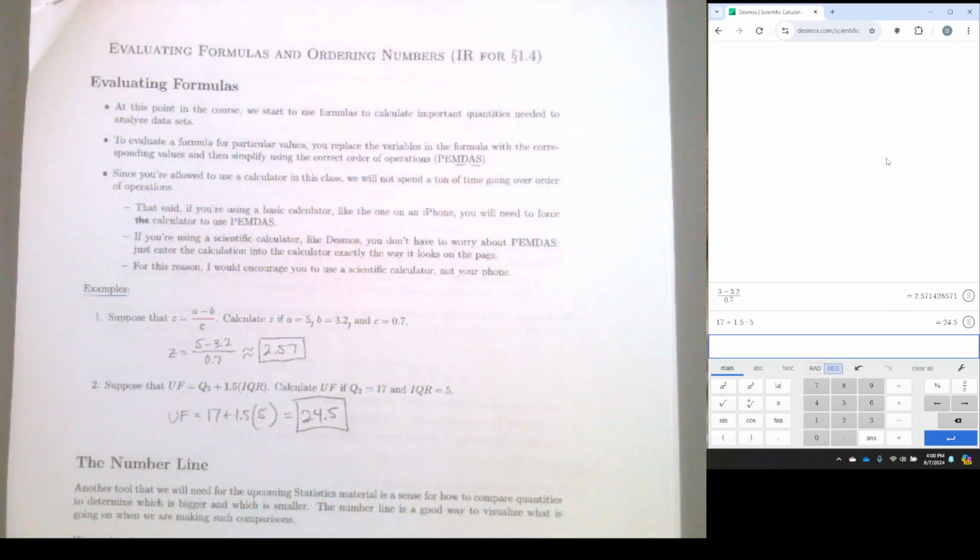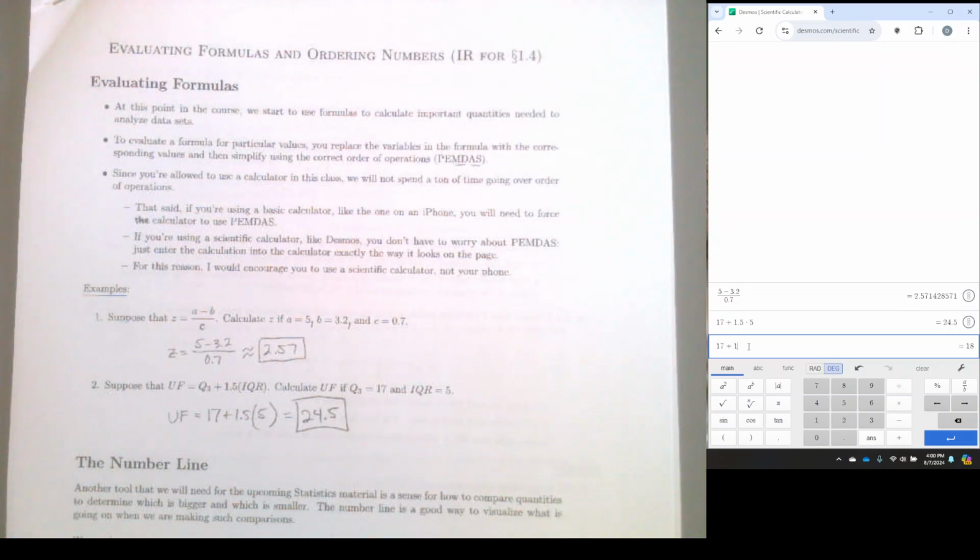Now, one common mistake that students will make when they're typing this into their calculator is they'll do something like 17 plus 1.5, and then they'll hit enter, and then they'll say that answer, 18.5 times 5, and they'll end up at the wrong place, right? So don't do that. The order of operations says that you want to do the multiplication first.